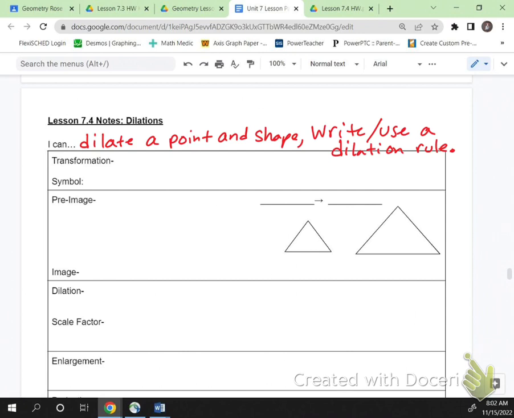Okay? A transformation, right? It's a change in a figure's position, shape, or size.